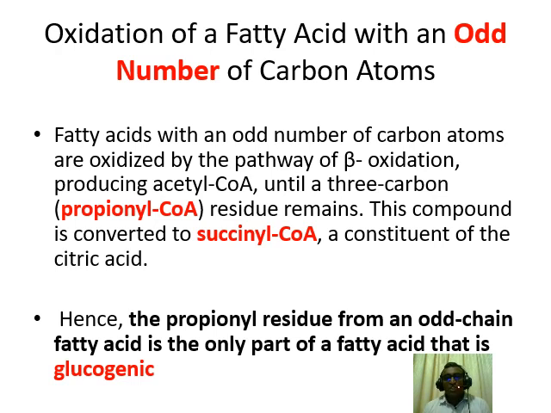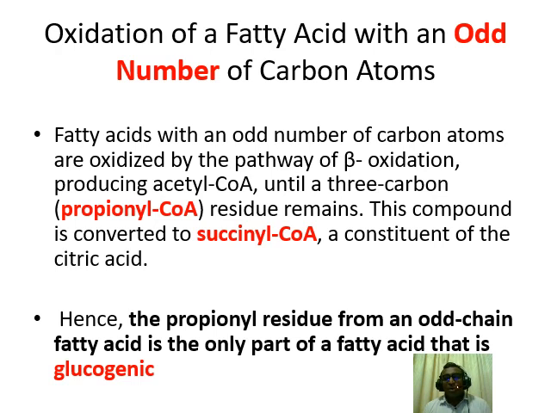For this slide, it's describing the odd number of carbon fatty acid, such as 17 carbon, where this 17 carbon fatty acid will undergo beta oxidation as described just now. It will come to the last 3 carbon and it will not go through any more beta oxidation, but instead the propionyl CoA will be converted by a series of reactions to become succinyl CoA.